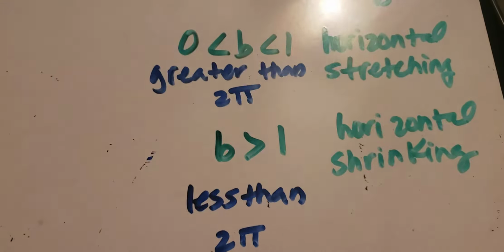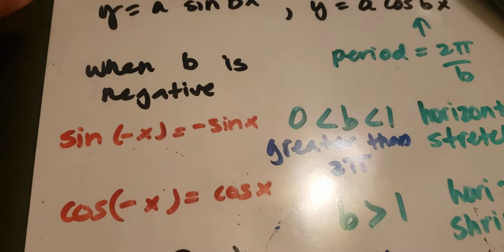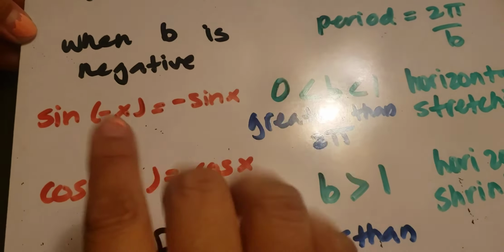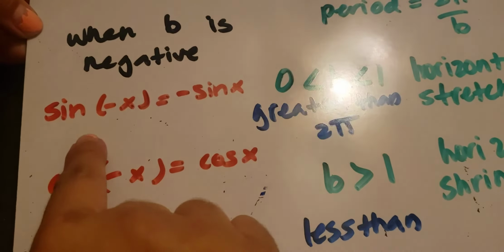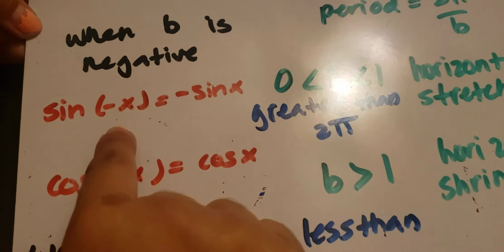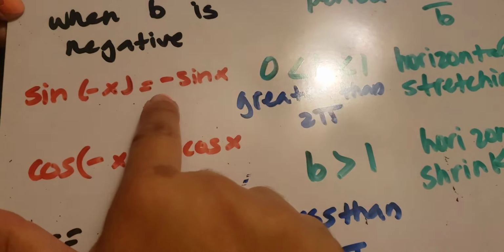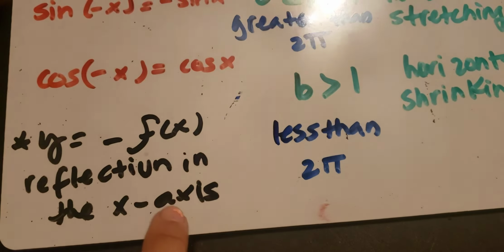Okay, and then a couple other things I want to note. When b is negative, you're going to use some of your trig identities. So sine of negative x, again, when b is negative, is the same as negative sine of x. And what that means is when the negative is in the front, it's the same as a reflection in the x-axis.